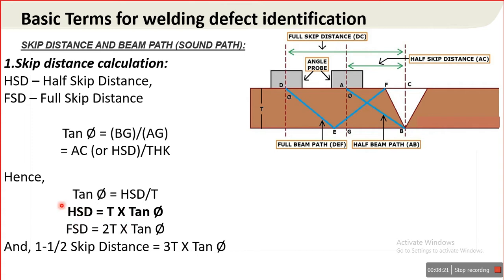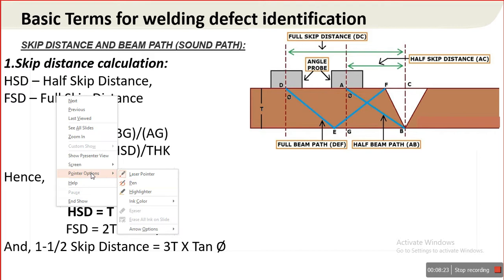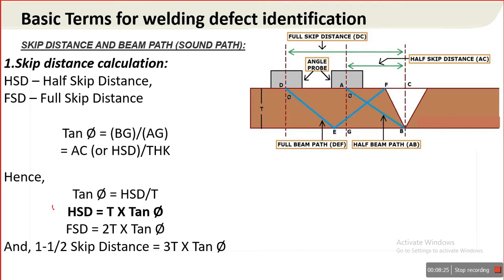So this is half skip distance, this is full skip distance. These two skip distances are majorly used in welding inspection. What exactly is the meaning of skip distance? Scanning is done in between these two vertical lines, means along the full skip distance only.